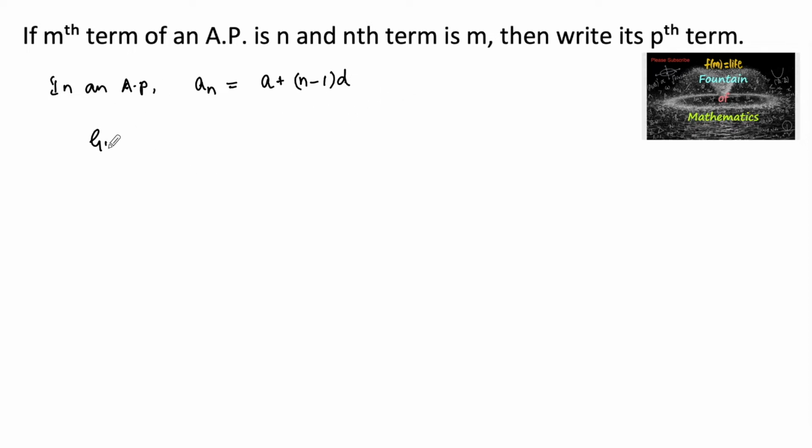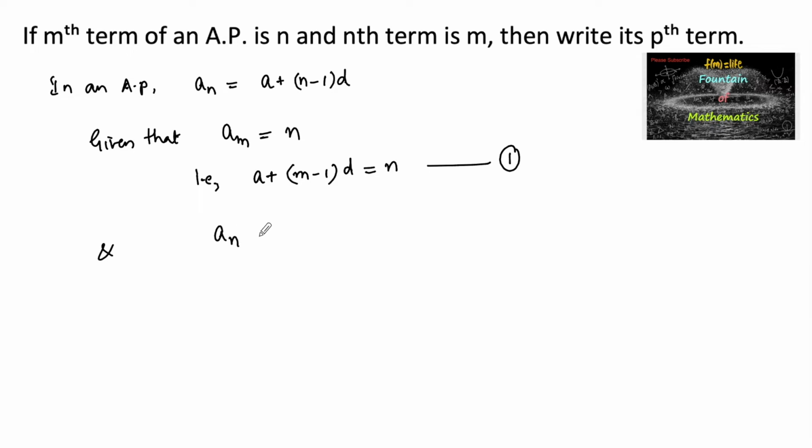And it's given that the mth term, that is am, is equal to n, that is a plus m minus 1 into d is equal to n. Let us consider this equation 1. And also given the nth term is m, that is an is equal to m. So we can write a plus n minus 1 into d is equal to m. Let us consider this equation 2.